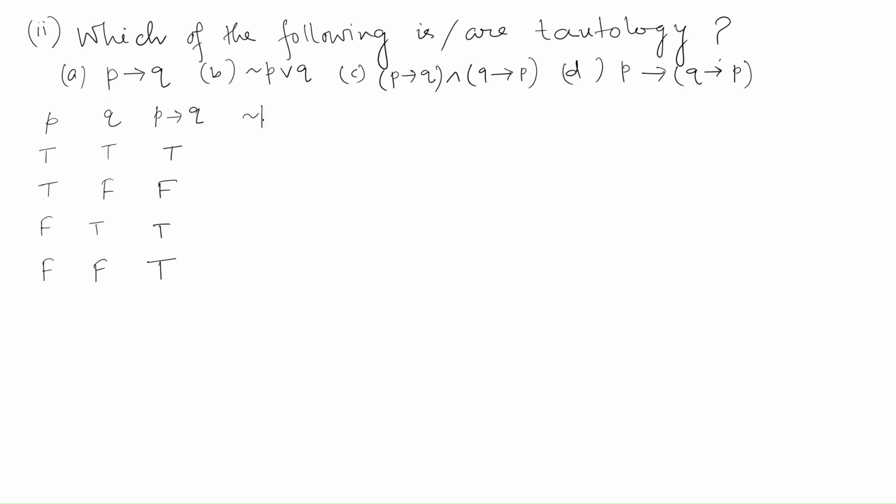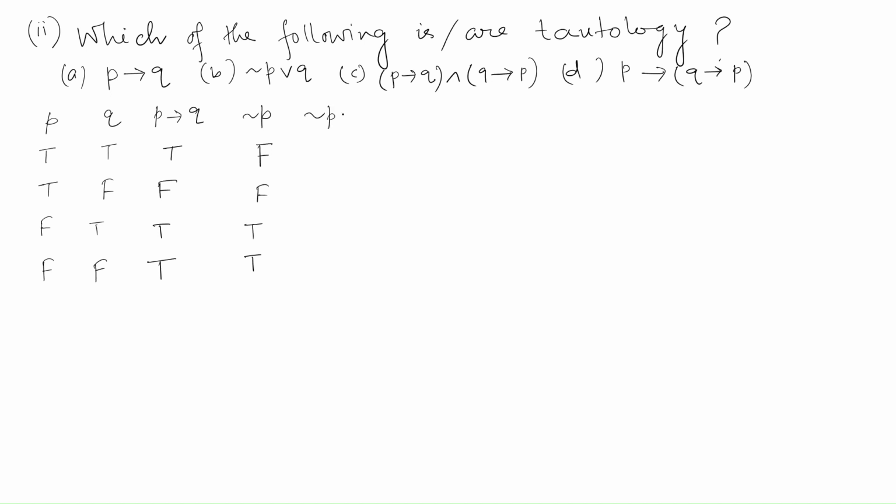Negation P is F, F, T, T. When P is true, negation P is false. When P is false, negation P is true.